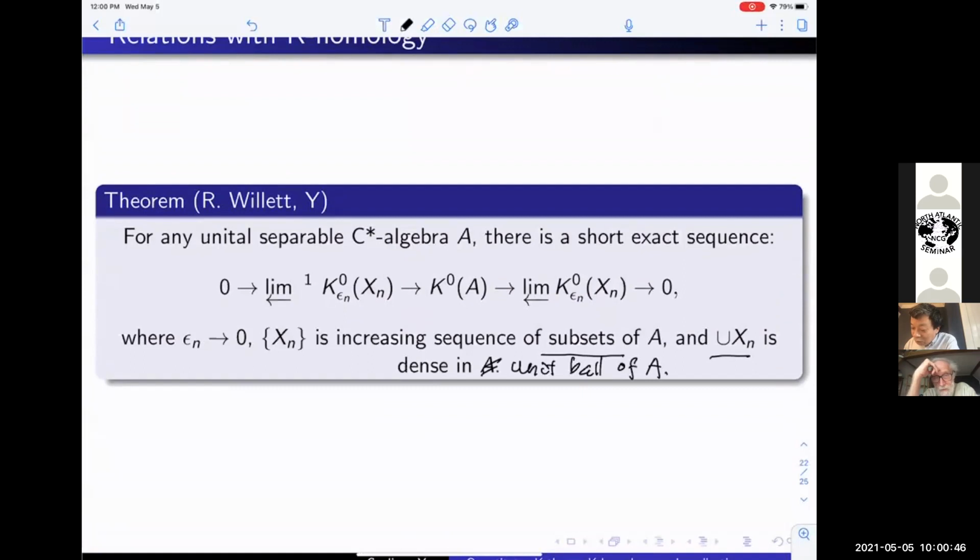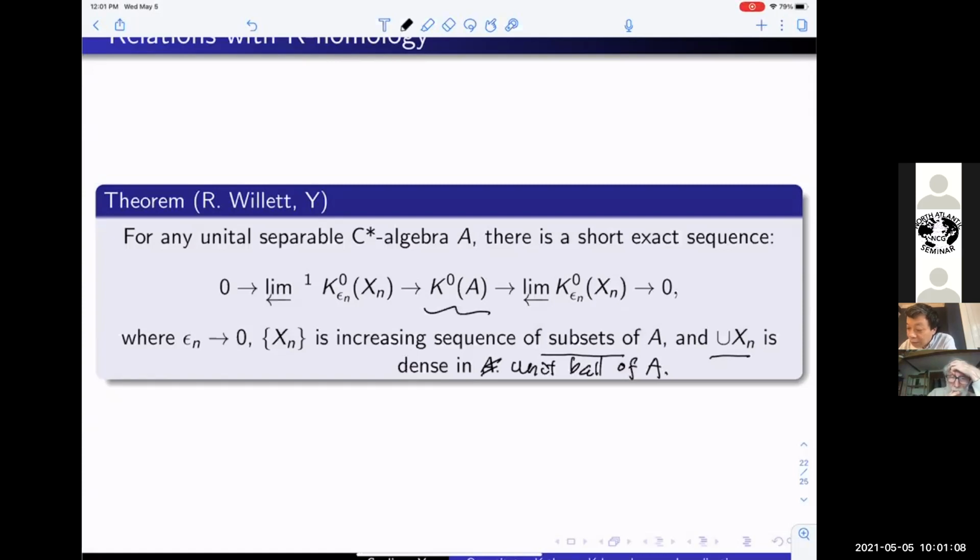So how is this related to the usual K-homology? There is this exact sequence, a lim^1 exact sequence. There is a natural map to the inverse limit, but there is a lim^1 error.